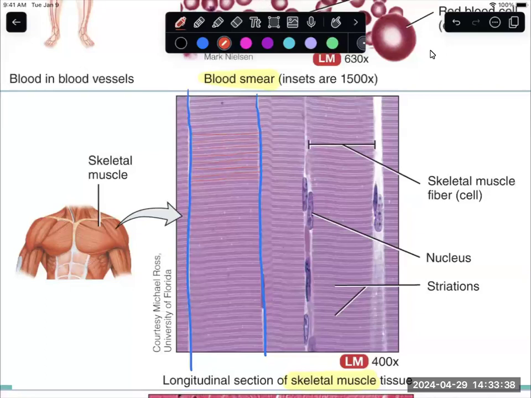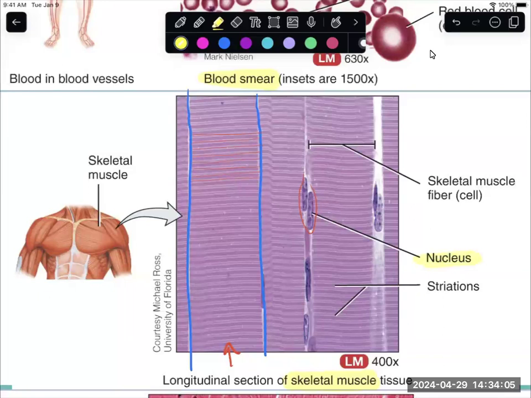Skeletal muscle, usually one cell, this really long cell here, will usually have several nuclei in that one cell. When a skeletal muscle forms, several cells come together to form that one long cell. So that's where those several nuclei come into play.